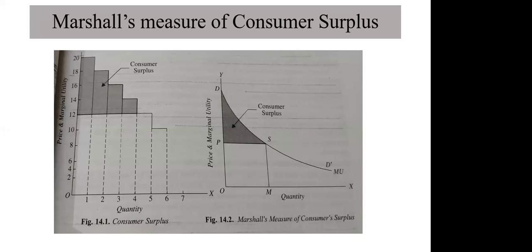Since it's a concept given by Marshall, and Marshall believed in the cardinal concept where utility can be measured, he measured it in terms of money, because he used the term util to measure utility. So in those terms, he measured the consumer surplus in money terms.